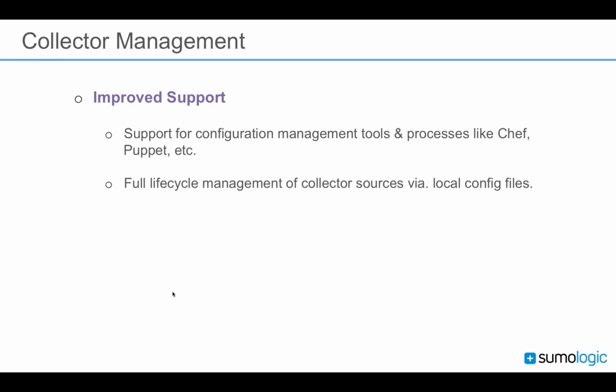Okay, we have improved our support for configuration management tools and processes. You're probably familiar with a configuration automation tool such as Chef and Puppet, so we're enhancing our support around there. We will then have a full lifecycle managed by sources through local configuration files. So let me explain an overview of how we will be supporting this.